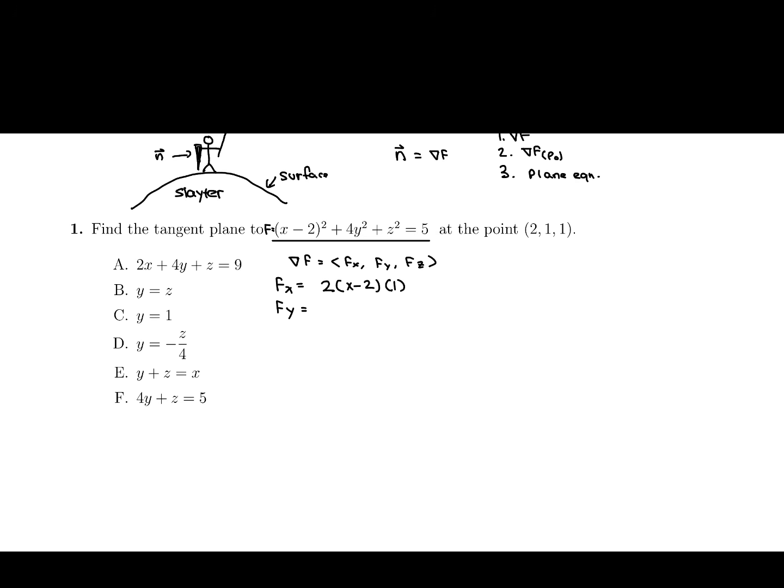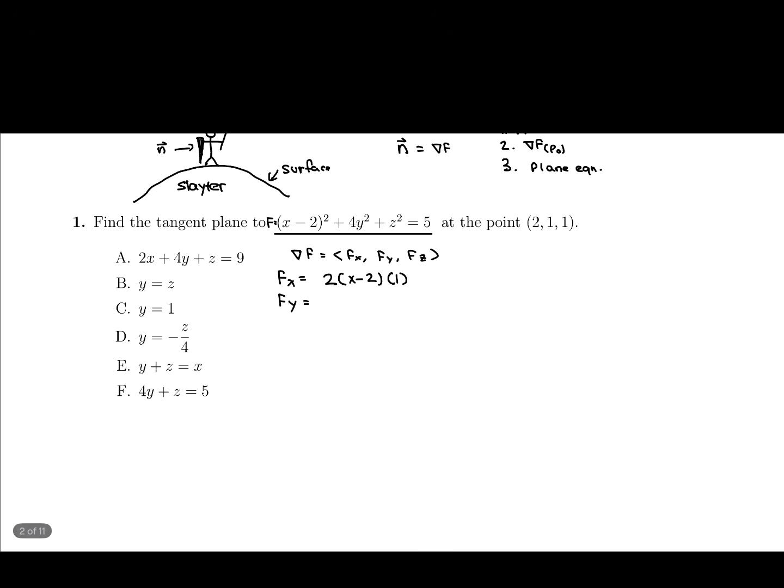In this case, y is the variable, so all we have to do is evaluate what's right here, which would be 8y. And our last component, f_z, the partial derivative of f with respect to z, in this case z is our variable, so we evaluate z squared, which simply gets us 2z.